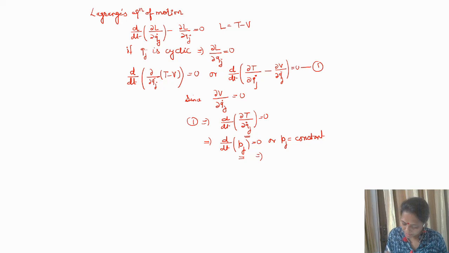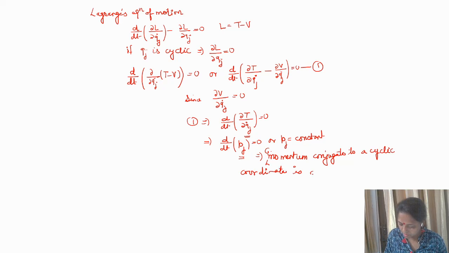This implies that momentum, rather generalized momentum, conjugate to a cyclic coordinate is conserved.